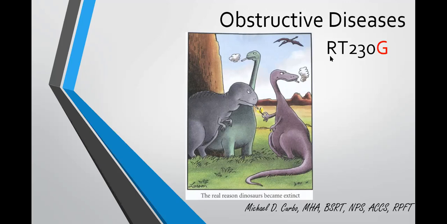So I gave you guys a joke: what did the CO2 say to the alveoli? He said, you can huff and you can puff, but you'll never blow me out.